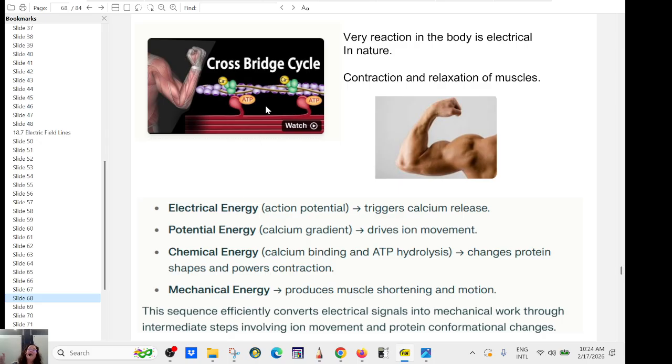It has to do with action potential. And the action potential is going to be electrical energy. That energy is going to be stored inside the configuration of proteins in the muscles. So that will be potential energy like a spring that's being compressed.